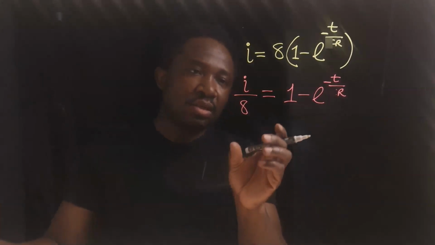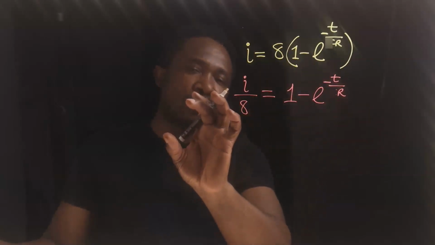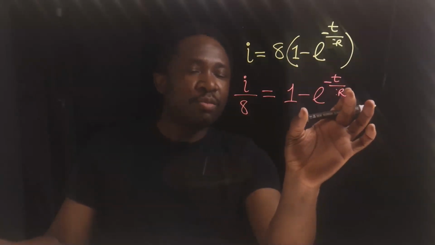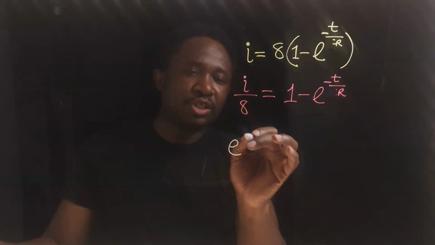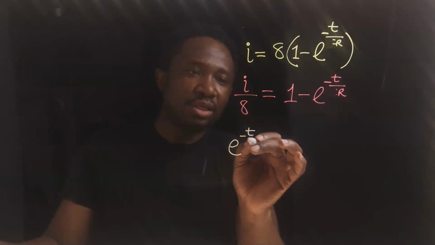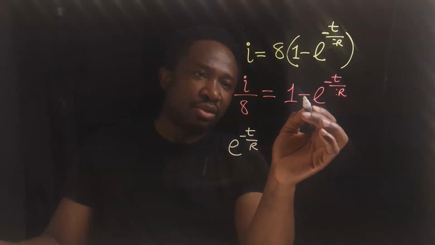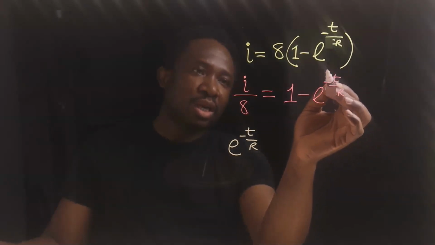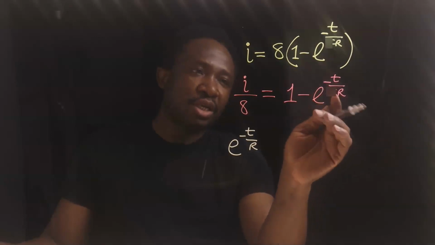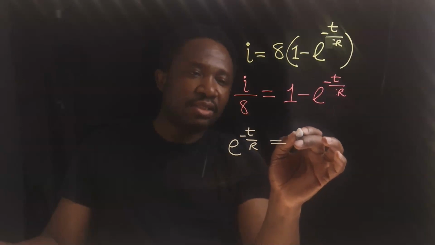Next, we can decide to move this across the equal sign, and this will become plus, and we're going to have exponential minus t over r. This minus is what will change. This minus is held by exponential, it is not going to change. On this side, we have 1.